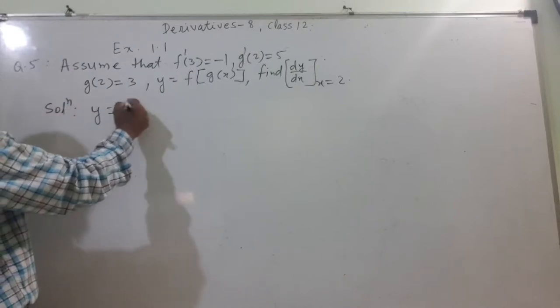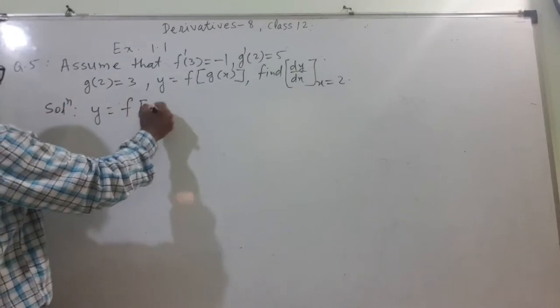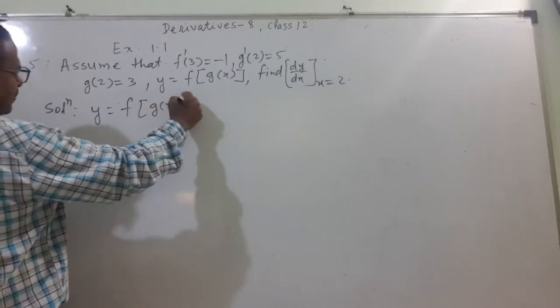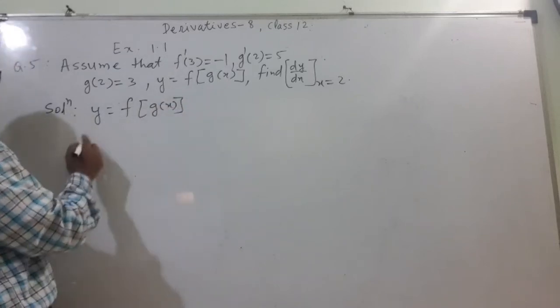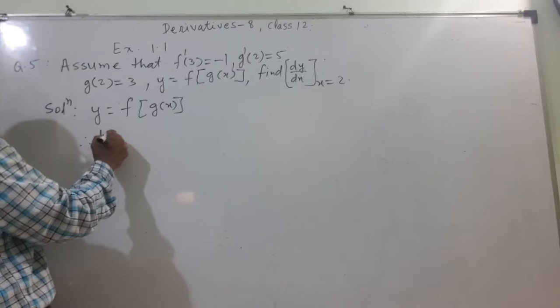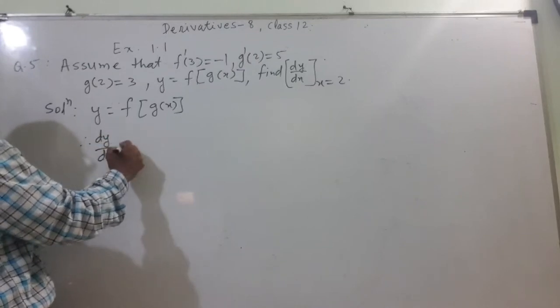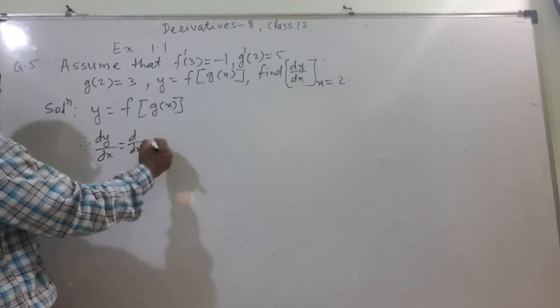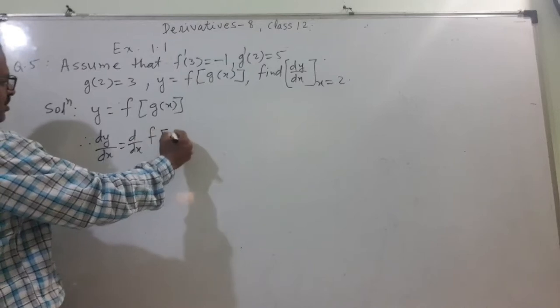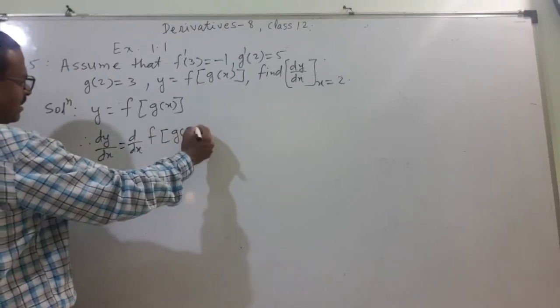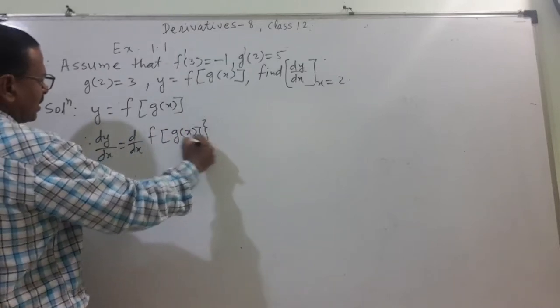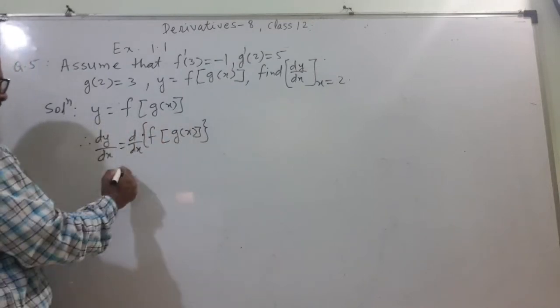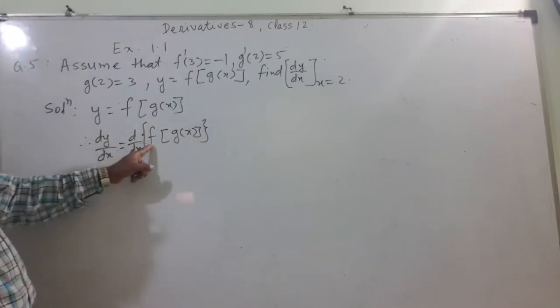y is equal to f of g of x. Therefore, taking the derivative, dy by dx is equal to d by dx of f of g of x, and I am going to take the derivative of the whole. That is equal to, first of all, the derivative of this.